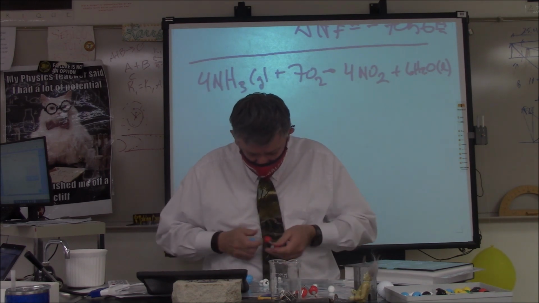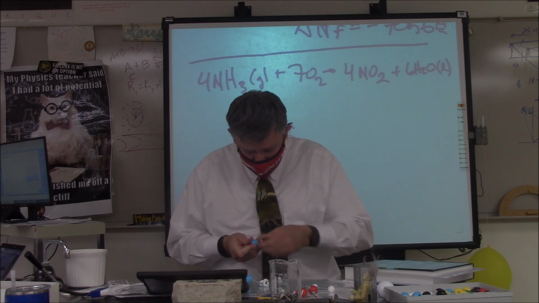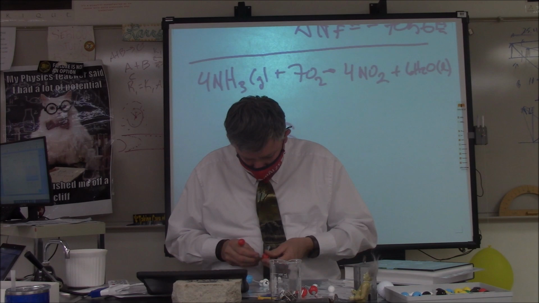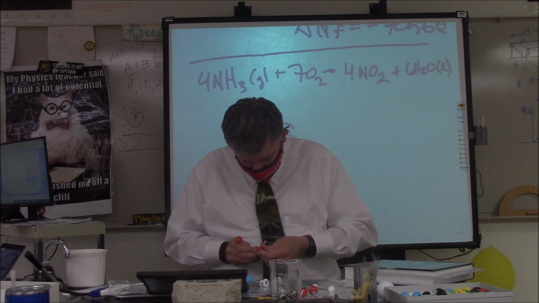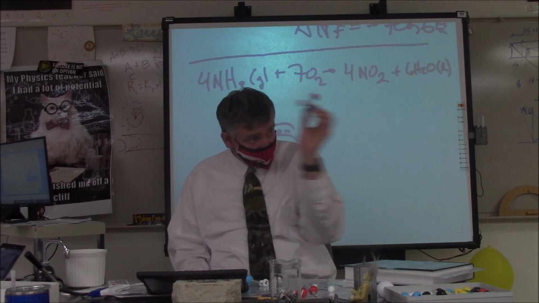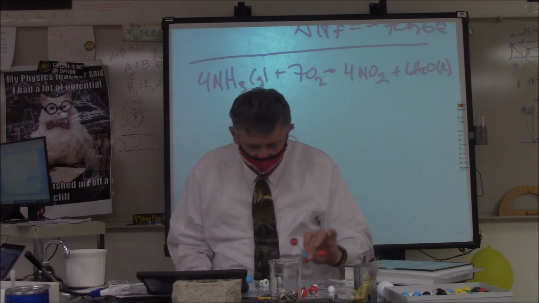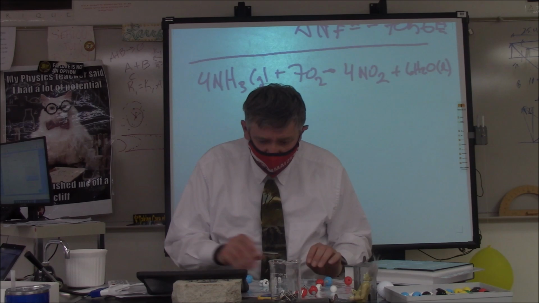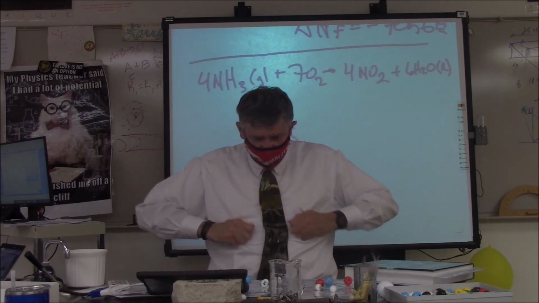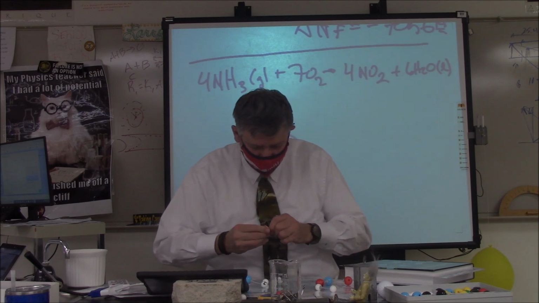then I'm going to begin to form NO2, okay, like so. So I got some NO2 being formed, okay, nitrogen dioxide, and then I'm also going to get out of that some water, okay.